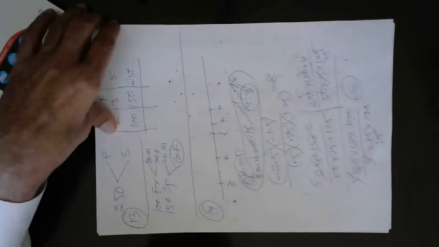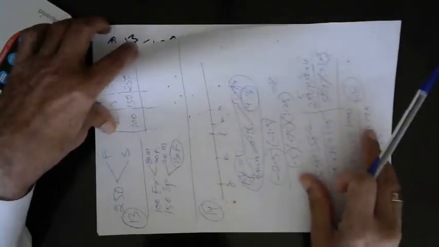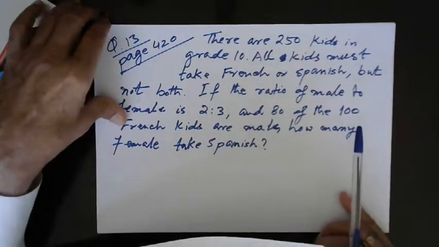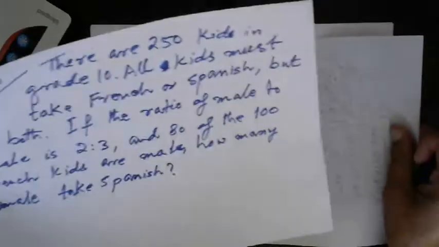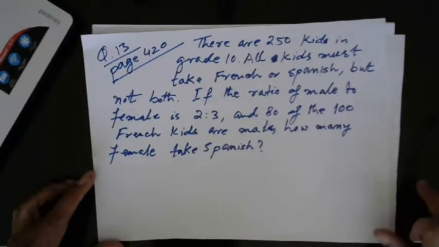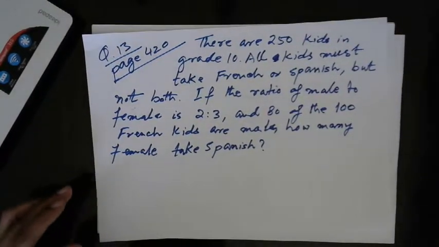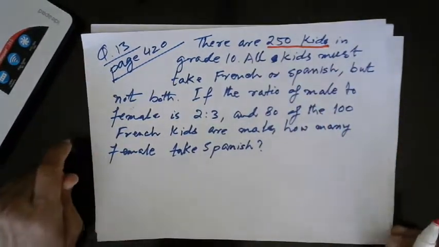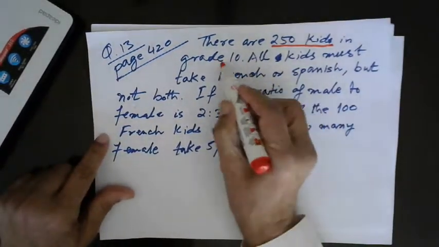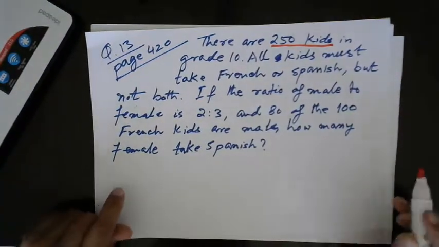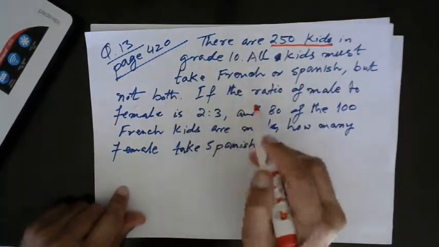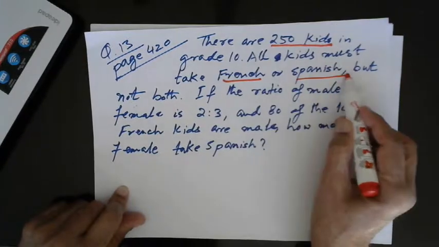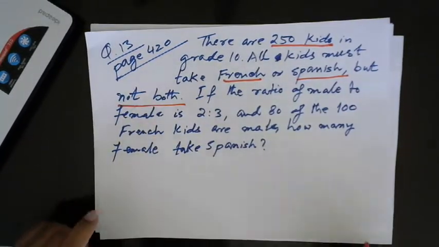Right, let us solve problem number 13. There are 250 students in grade 10. Well, we have nothing to do with grade 10, so leave it. All kids must take French or Spanish, but not both.